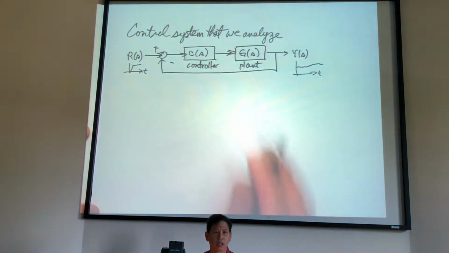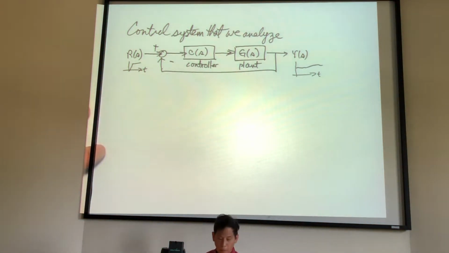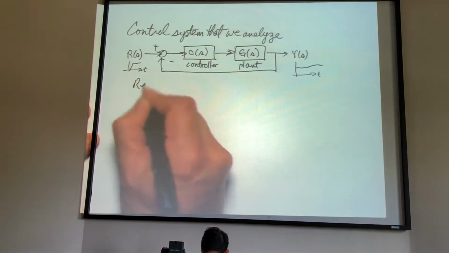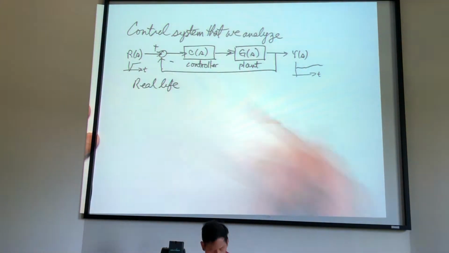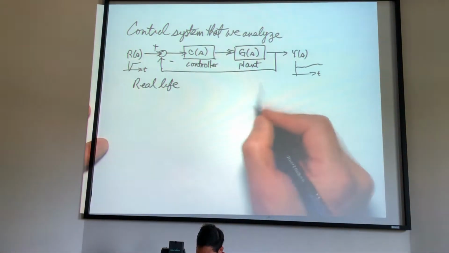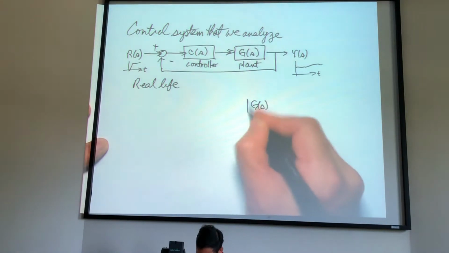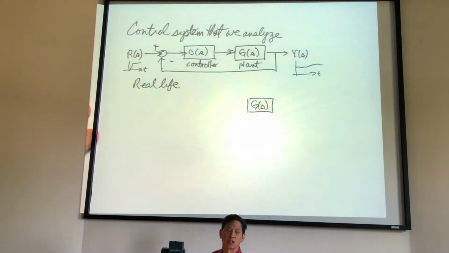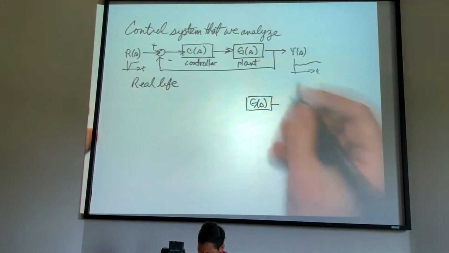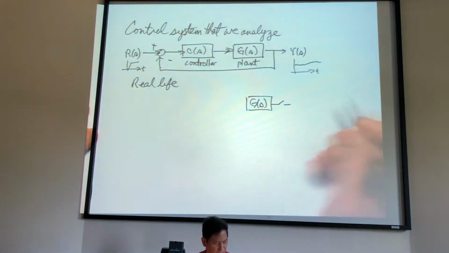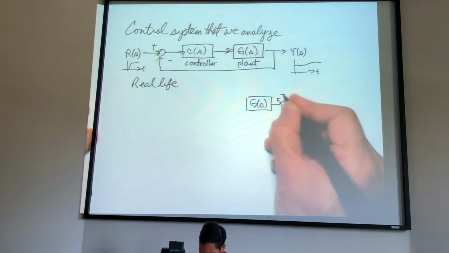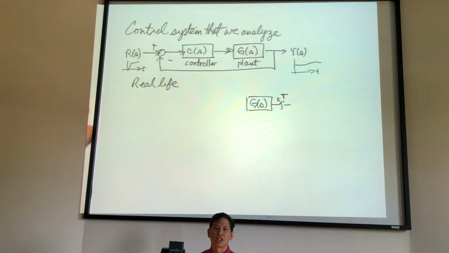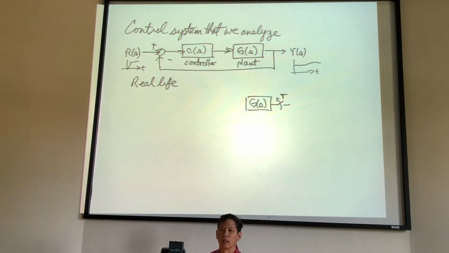All these signals exist continually in time, but this is real life. Okay, real life. What we have is the thing that we're trying to control. It certainly exists. We're not going to change that. But what happens is we put a sampler, which we model in our mind as a switch. It basically closes periodically, okay, and we get the information.